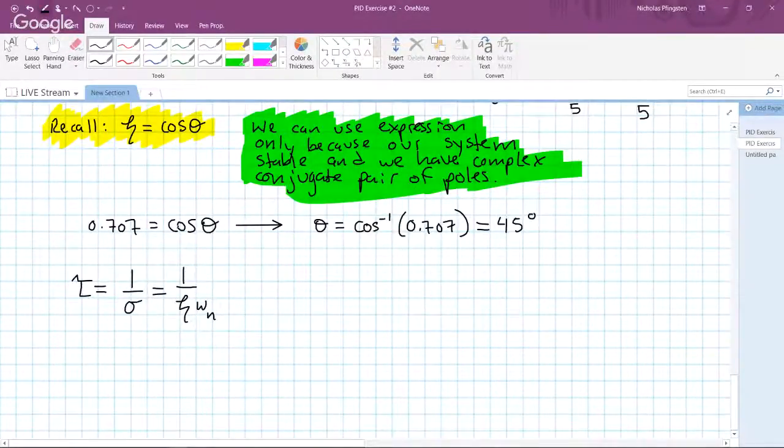And because this is a stable system and we have a complex conjugate pair of poles, what is that sigma?